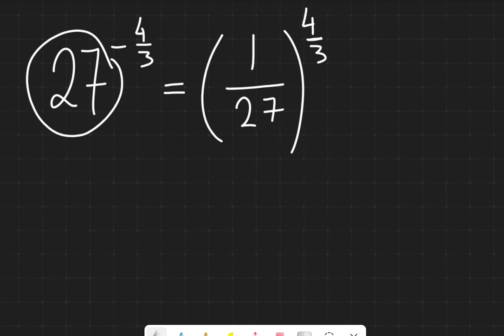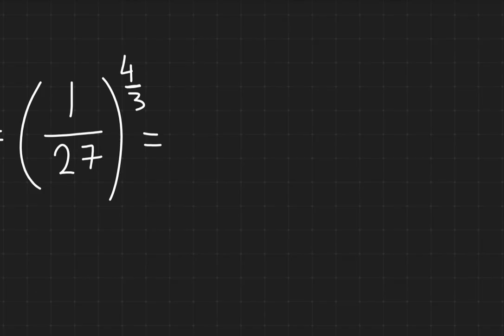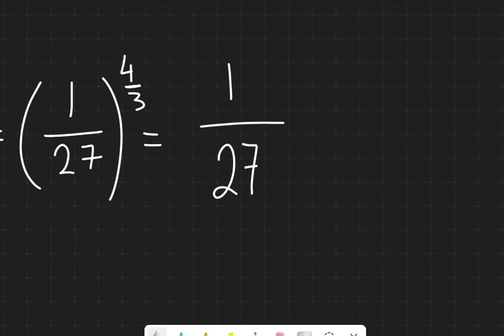All right, what that means is 1 to the power of 4 over 3 remains the same. So this will be 1, but then we have 27 to the power of 4 over 3. Okay, we keep playing with this. 1 goes up. What can we do with number 27?